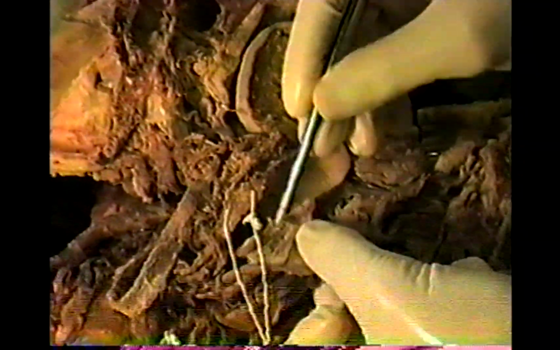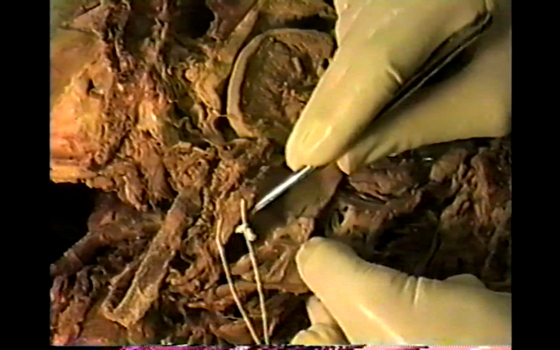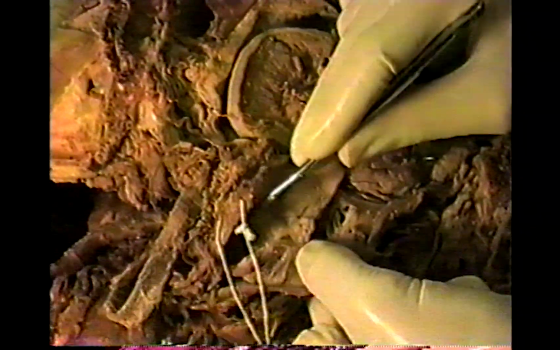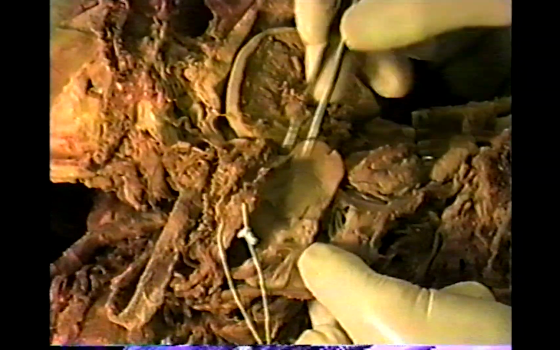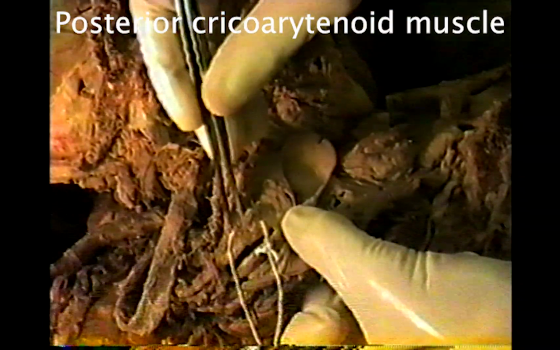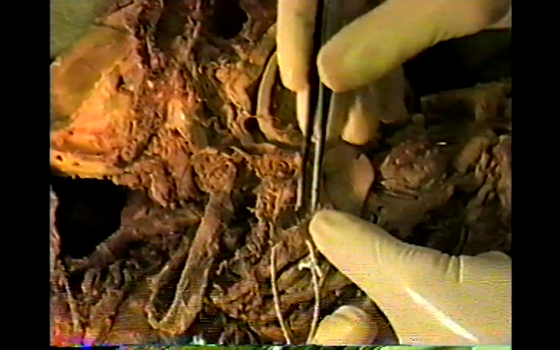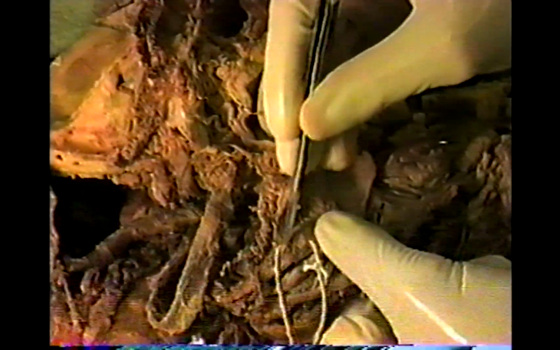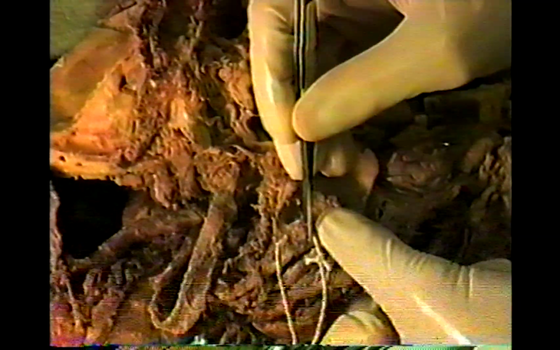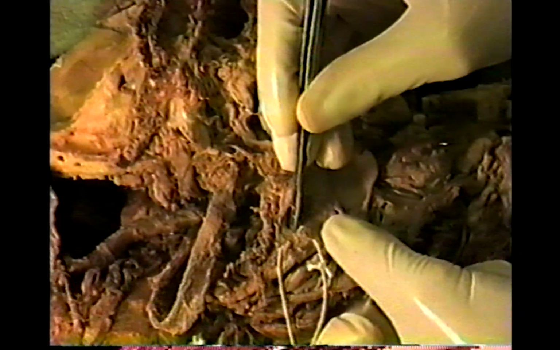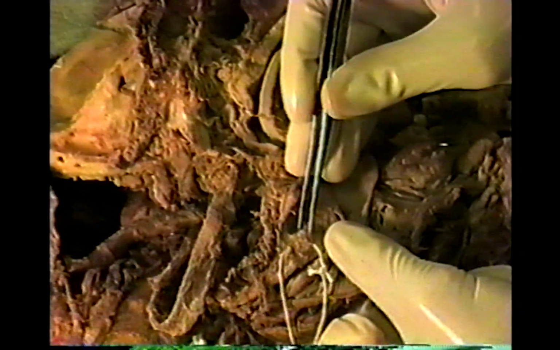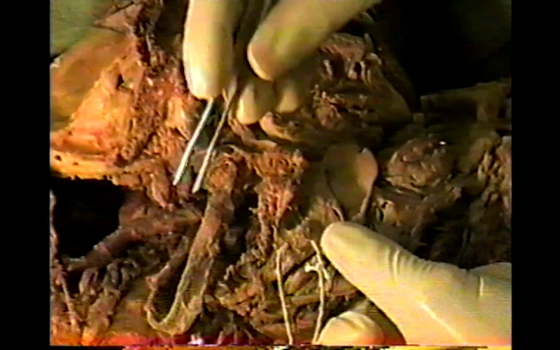So the cricoid cartilage is here, and going inside, this would be the inside view. On the outside of the cricoid cartilage would be the posterior cricoarytenoid muscle, taking its origin from the cricoid cartilage and inserting into the muscular process of the arytenoid cartilage.